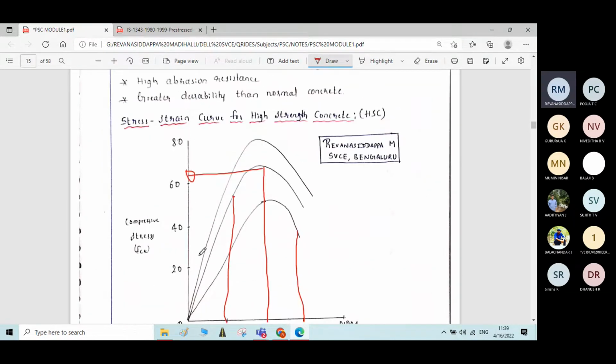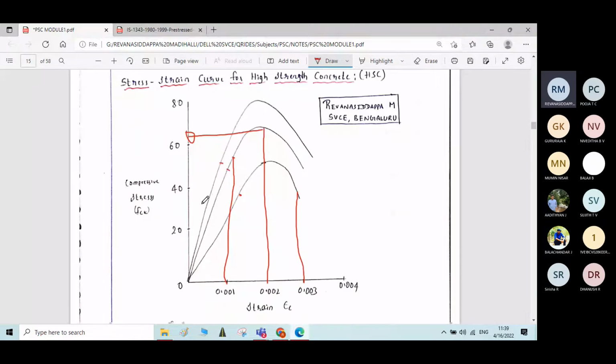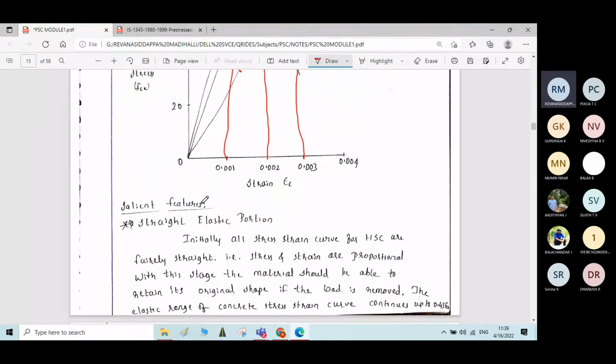In the elastic portion, which is almost a straight portion, stress is directly proportional to strain. Up to the elastic limit, stress is directly proportional to strain, and if you release the load at any point below the elastic limit, the material regains its original position. That is what is involved in the straight elastic portion.